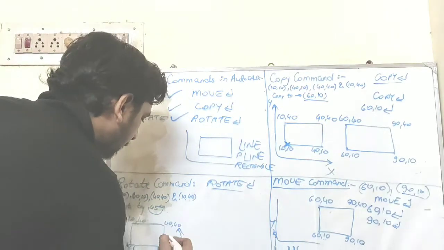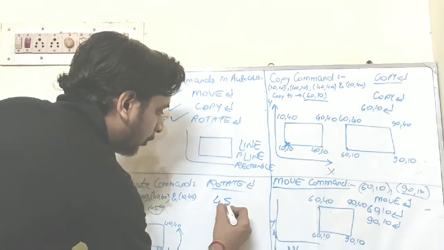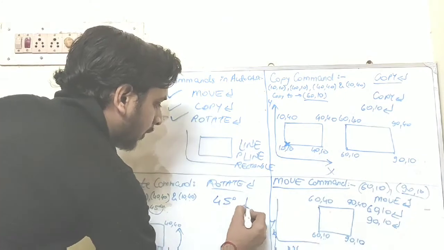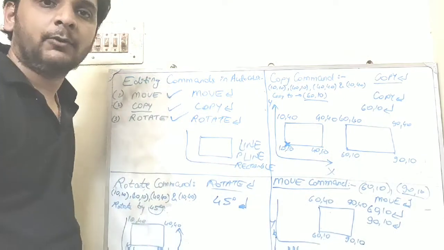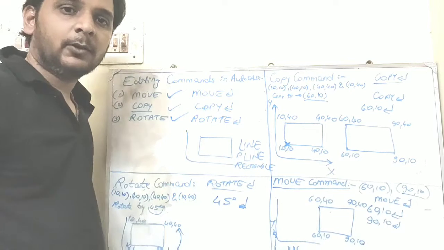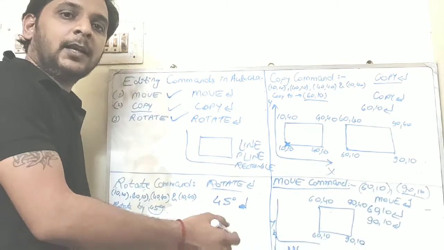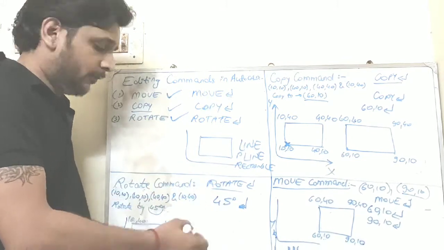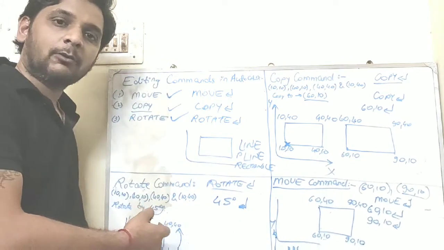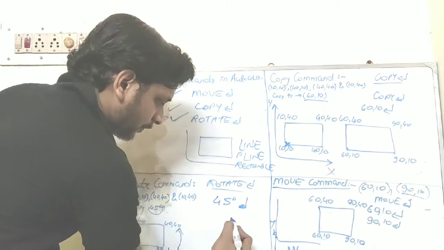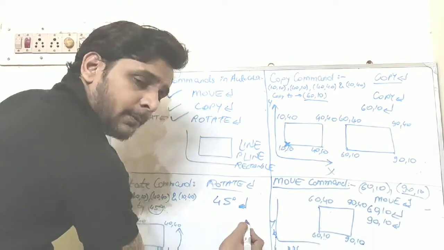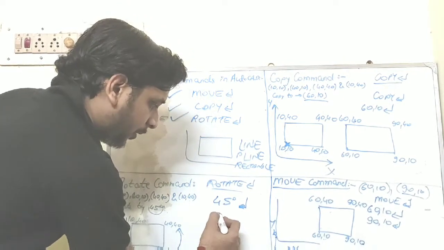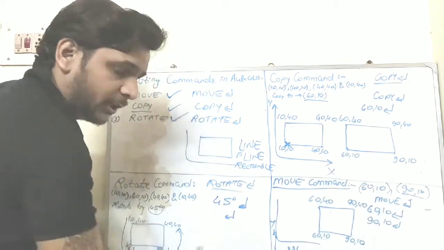At the command prompt type 45 degrees because we have to rotate this rectangle at an angle of 45 degrees. Now the computer will ask you to specify the direction to rotate, either counterclockwise or clockwise. You have to rotate in counterclockwise direction. So at the command prompt select or type counterclockwise direction and press enter key.